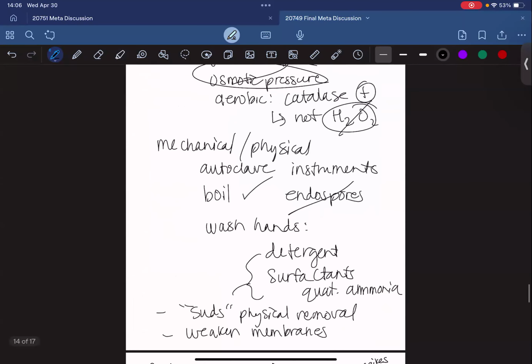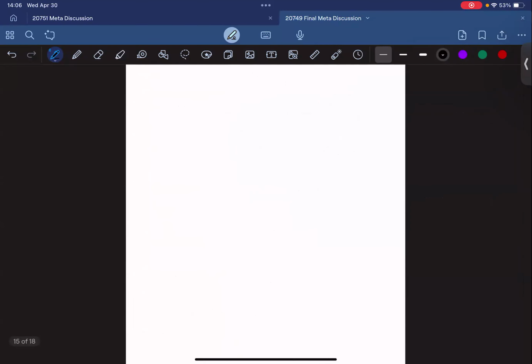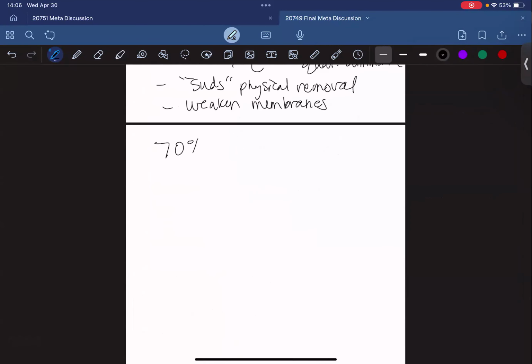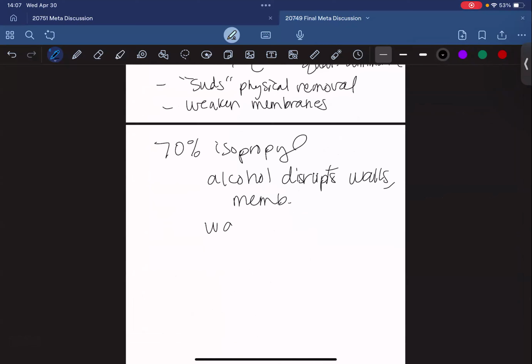If we were to use alcohols, remember that alcohols, let's say we use 70% isopropyl. The alcohol disrupts the walls and the membranes, and the water in the alcohol causes the denaturation of the proteins of the bacteria.